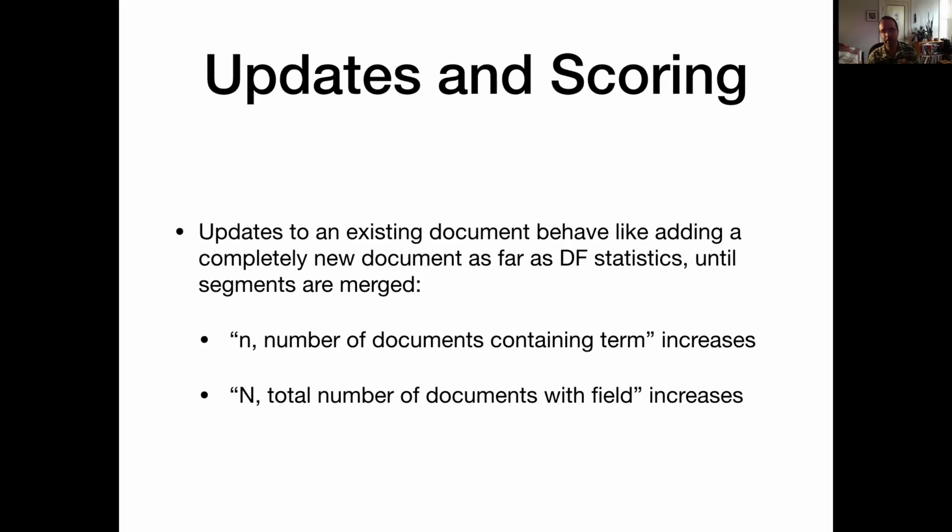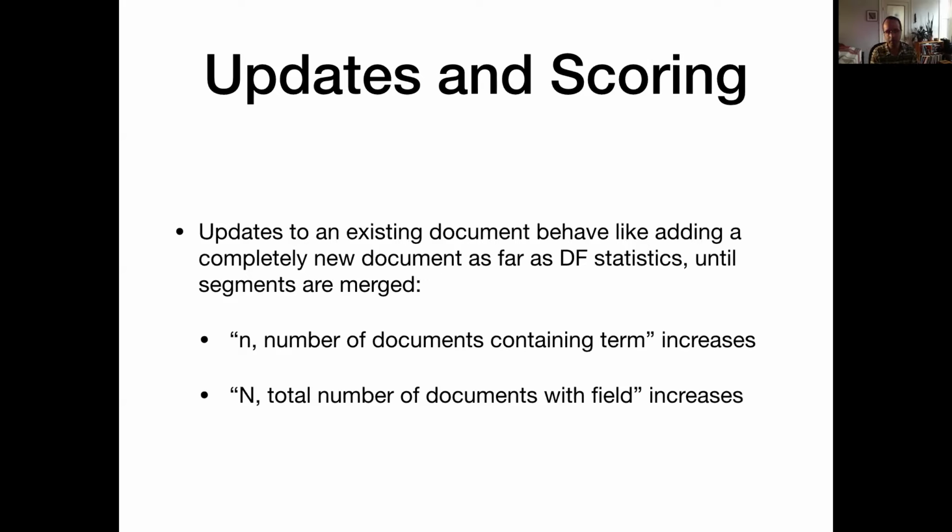Everything we just talked about with replicas and deletions also applies to updates. So even if you just have a single shard scenario, no replicas, and you update a document, it can do something unexpected.